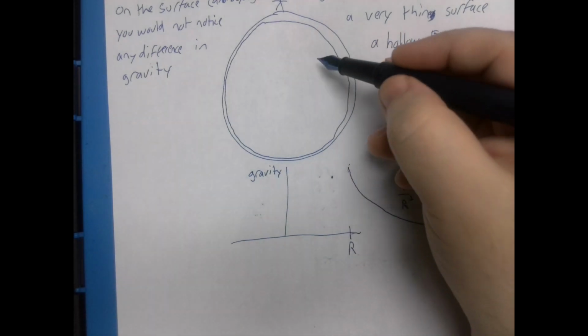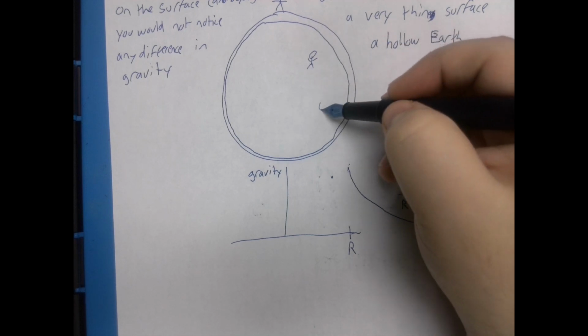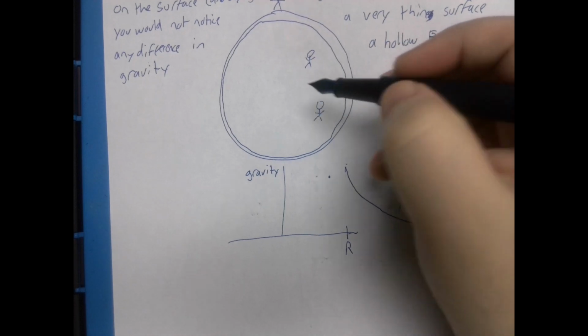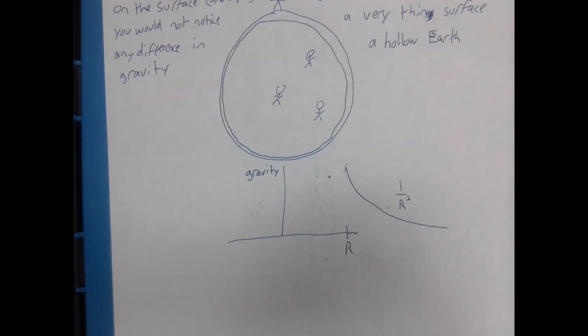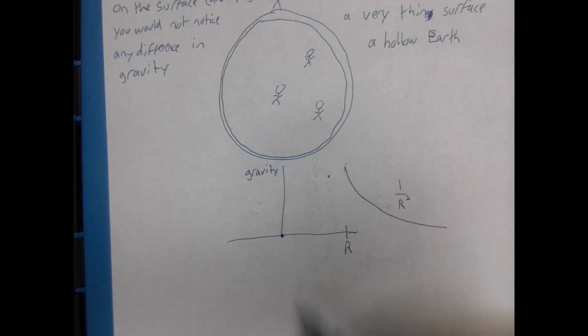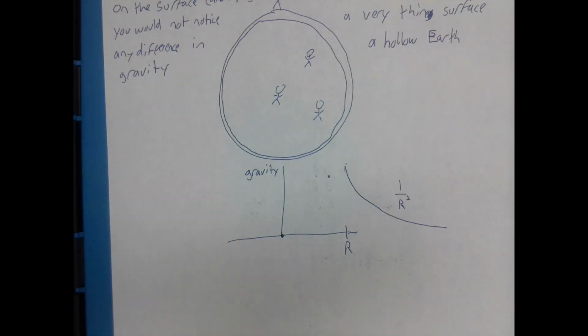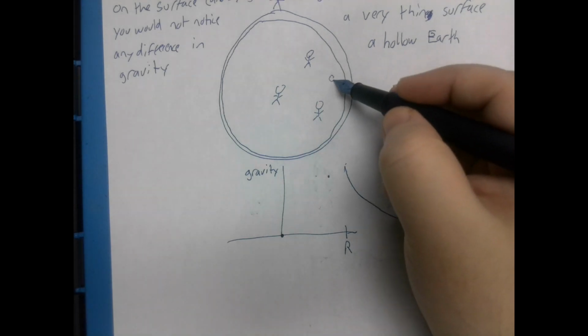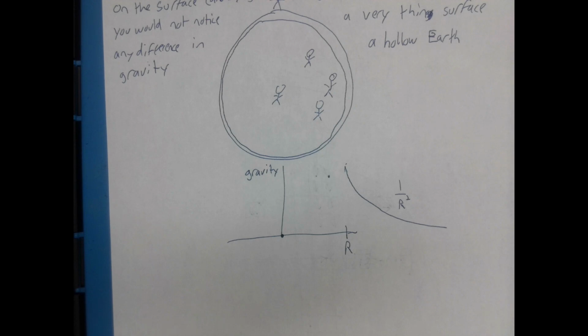What would it be like if you were anywhere inside here? Well, we know in the very center it's going to be 0 because all the mass is pulling equally in all directions. But what if you were right here? What would gravity be like right there? It would be less.